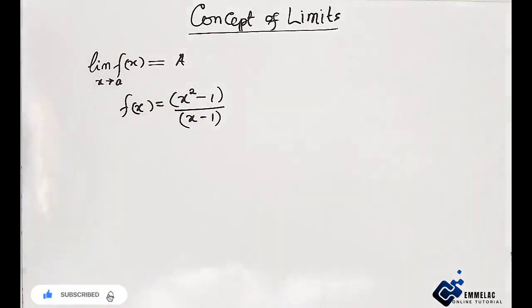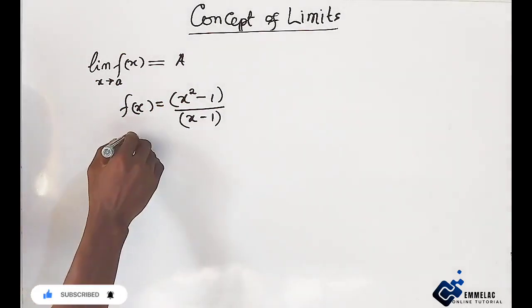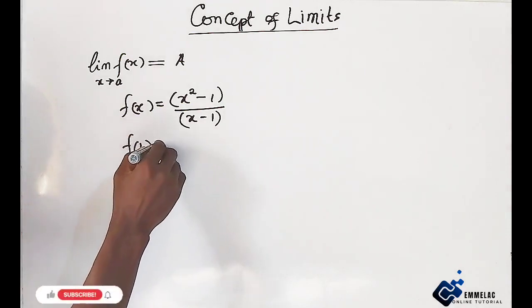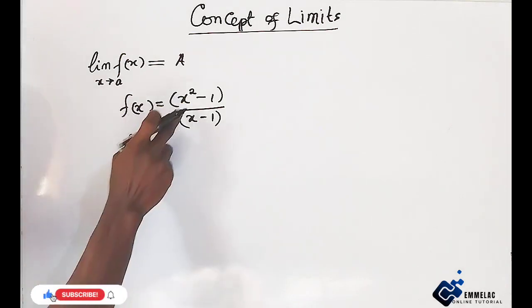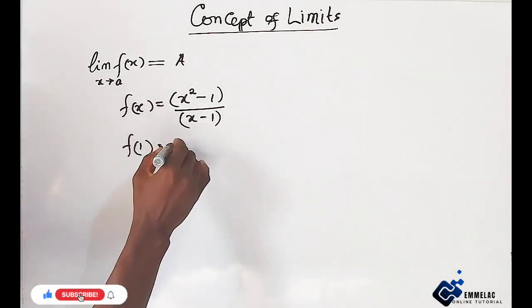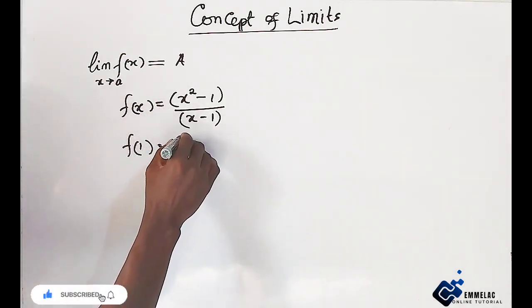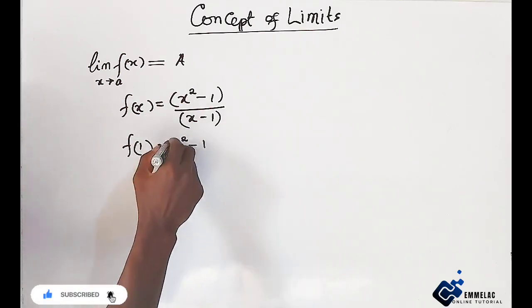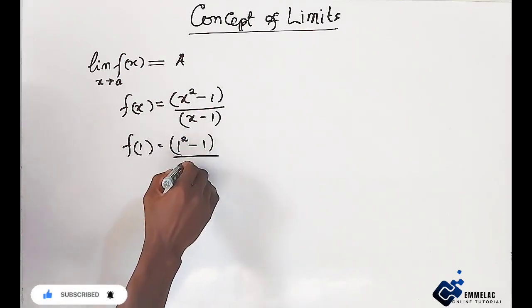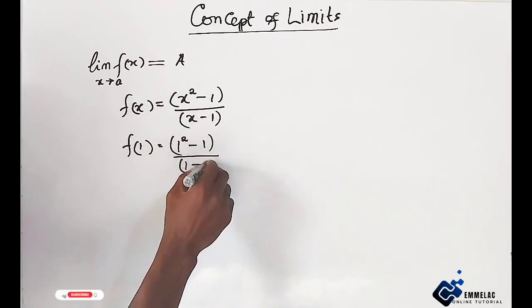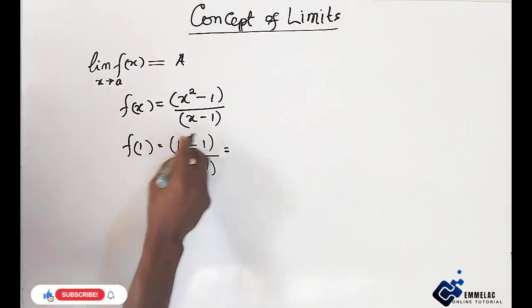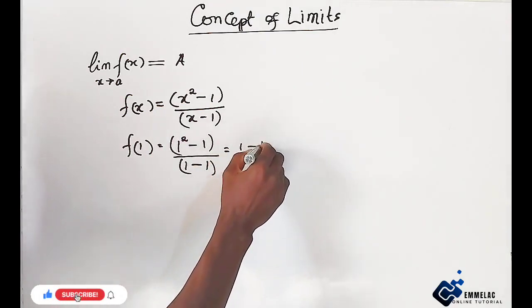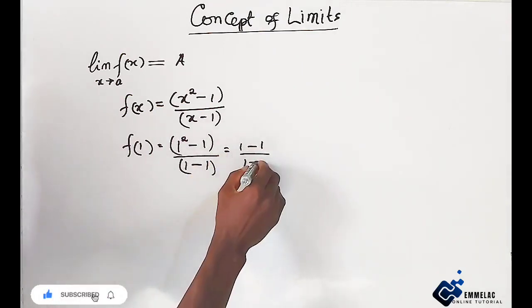Looking at this function here, if we plug in 1, it implies that wherever we see x, we plug in 1, right? So we have 1 raised to the power of 2 minus 1, all over 1 minus 1.